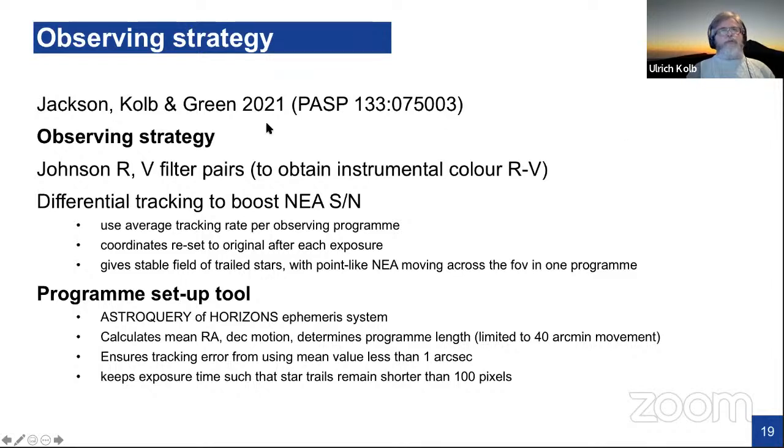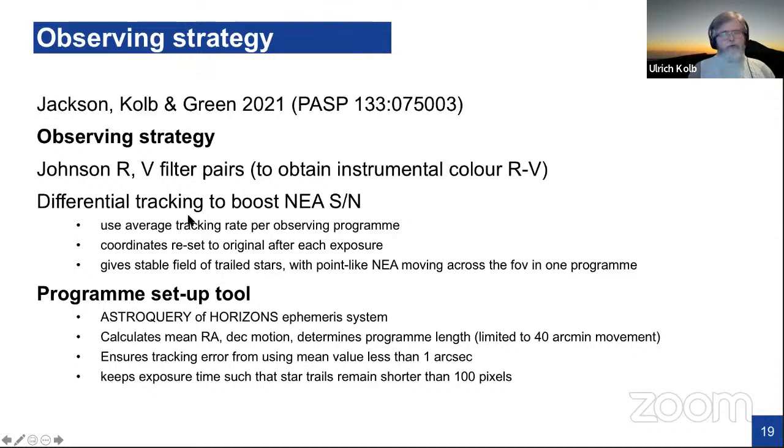So you can read it up there. The observing strategy was that we always observed our asteroids in R and V filter. So our filters on Pirate are Johnson filters. And this allowed us to obtain the instrumental color of the asteroid and stars, bearing in mind that, of course, R and V have to be taken in subsequent frames. So there's some interpolation necessary to work out the color.